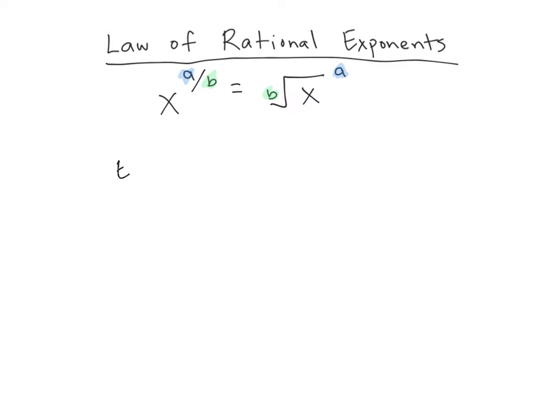So what this means in terms of numbers, my example of this here is if we have 27 to the power of 2/3, that 3 is my denominator of the fraction, so I can put that on the shoulder as the index of the root. And then 2, that's my exponent, so I can raise that to the power of 2.